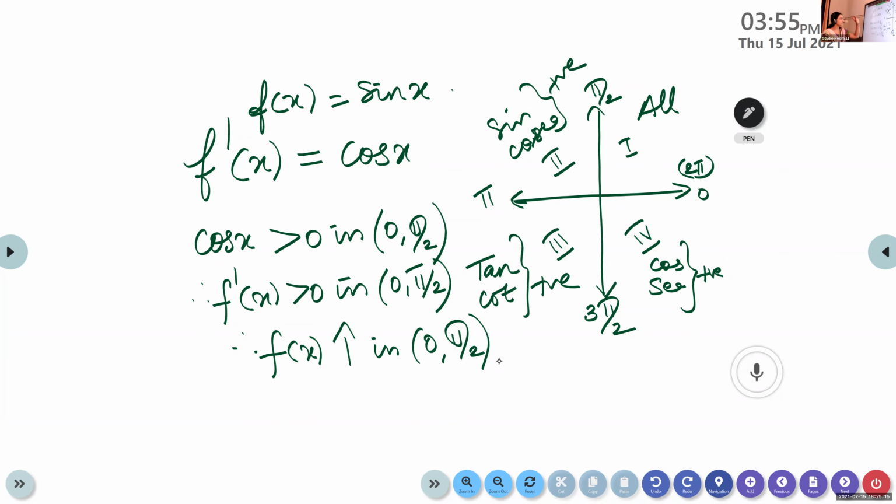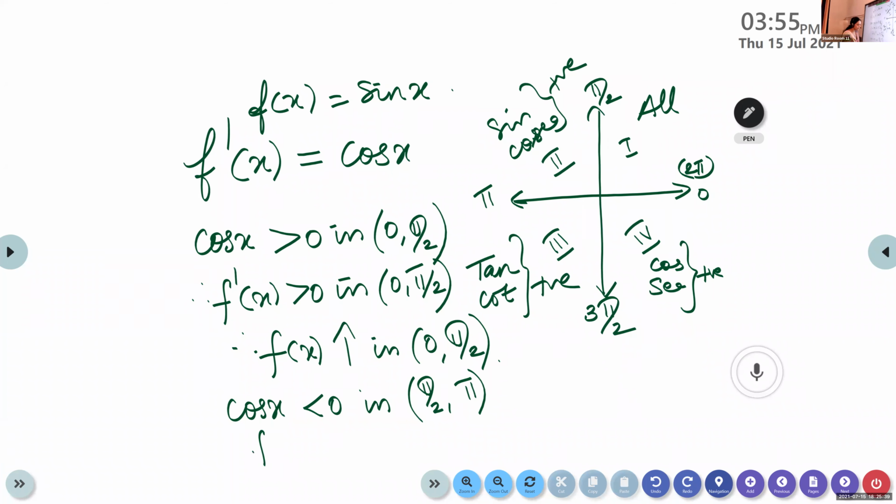Now look at the same function cos x. What do you know about cos x in the second quadrant? Is it positive? No. So cos x is negative in the second quadrant, which we write as pi by 2 to pi, that is 90 to 180.